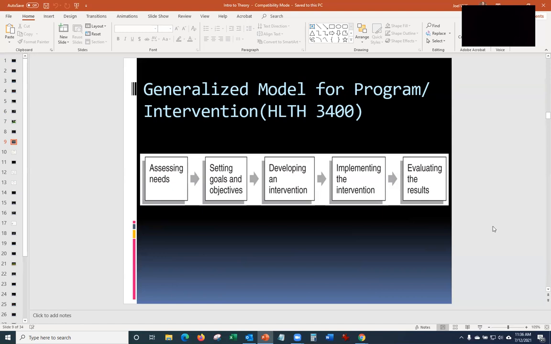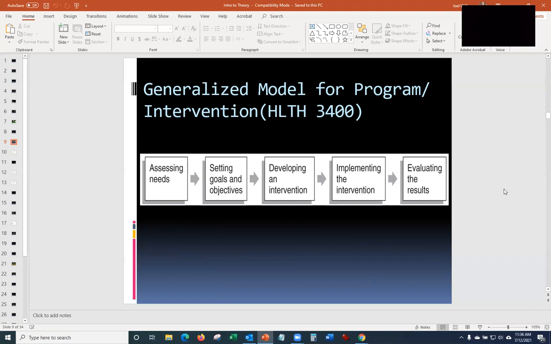Now, there are specific models for planning, implementing, and evaluating. They were developed for specific reasons. For example, there is one that's developed looking at school health promotion. There are models that are developed looking at more of a community base, like out in the real world, a broader context.